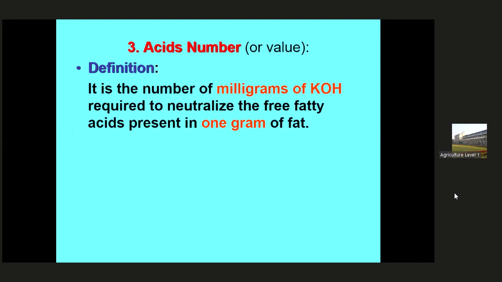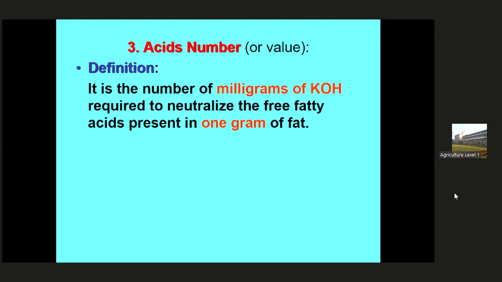So I repeat, in some adverse environmental conditions, it may be moisture, temperature, heat, microbial contamination, etc., the healthy ester linkage between the fatty acid and the glycerol is broken down, and some free fatty acids are produced. If their concentration increases, then the fat loses its acceptability for consumption.